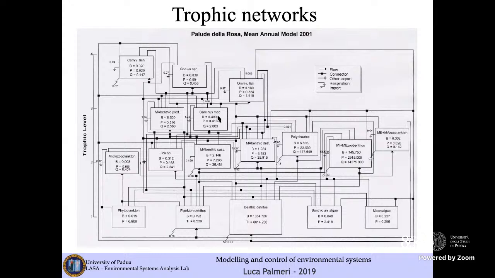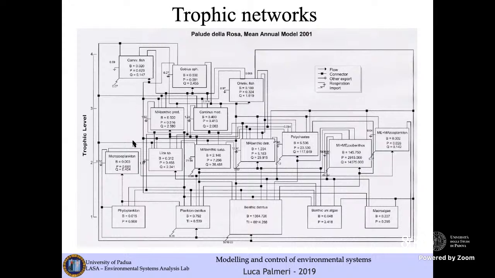By making this description, we may also include a lot of information concerning, for example, the size: the boxes are proportional to biomass. So the larger the box is, the more of this state variable is present in my system.